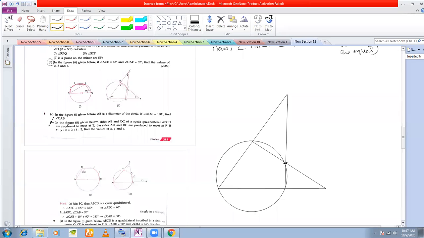So this is what your figure is. These two are the same point. That is why I've given AEF.